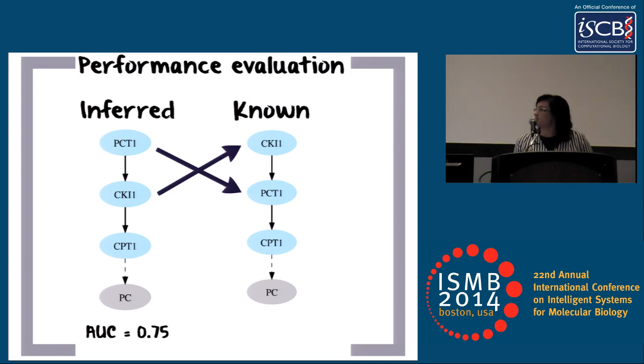Here, for example, you see just a cartoon of an inferred network and a known network on the right side. For each test pair of genes, we know that either one gene acts upstream of another or vice versa. So the method predicts the probability of an epistatic relationship between the genes in the test pair, and based on that, we can evaluate the performance of the model.